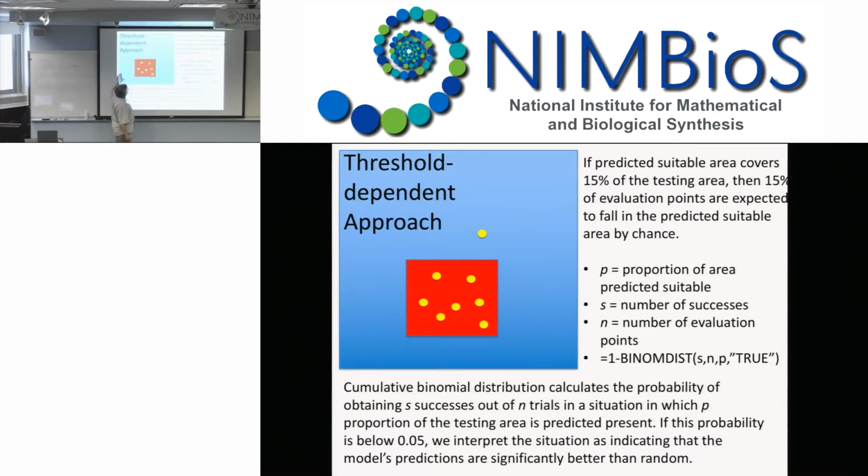Out of our testing area, the blue area, the red area covers a proportion P. We have a number of successes, in this case 7, and a number of evaluation points, 8. We had 1 failure. And then that's in Excel. I told you the computation was easy. But we're basically just asking, what is the probability of getting 7 or more successful predictions out of 8, given an underlying proportion P identified as suitable by our model? Okay? It's really simple.